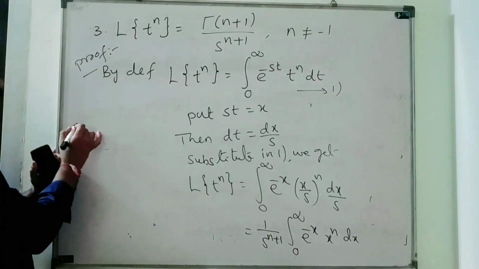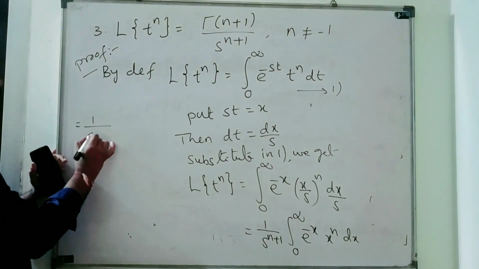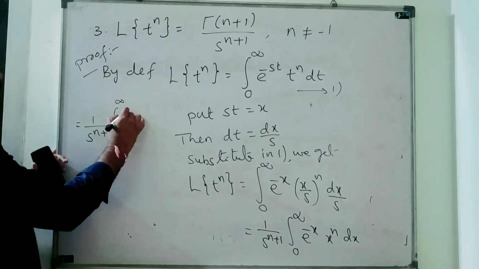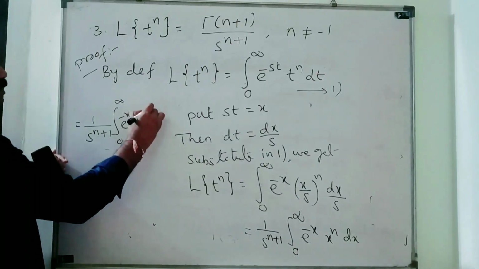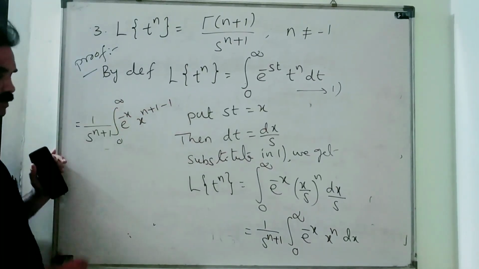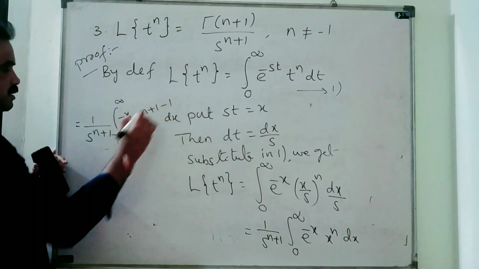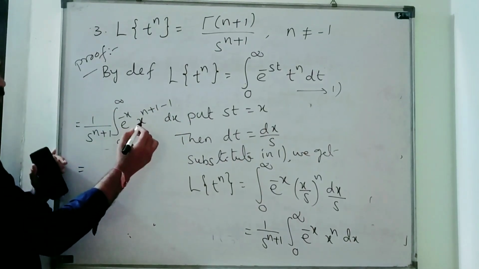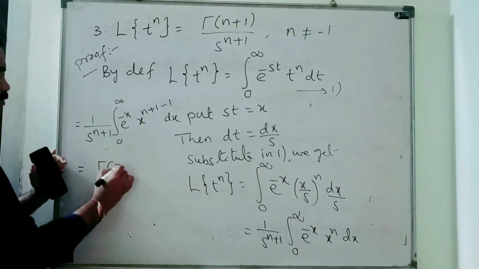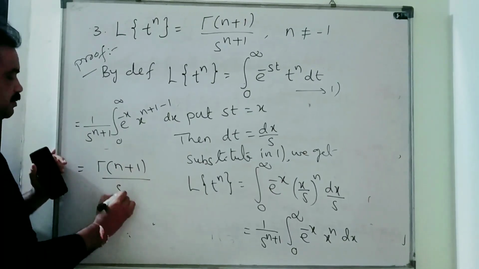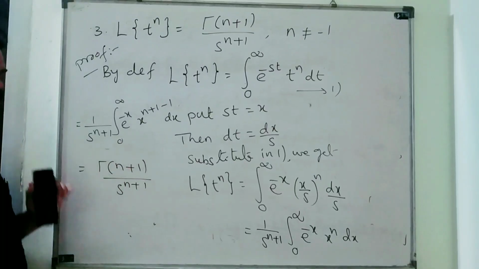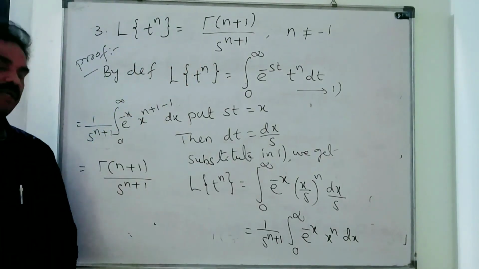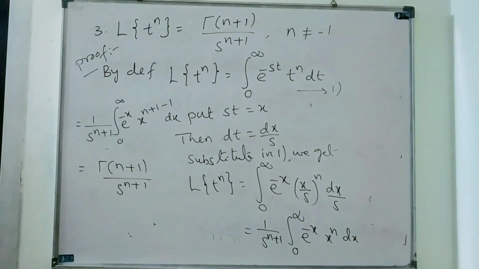That is equal to 1 by s power n plus 1 integral 0 to infinity e power minus x, x power n plus 1 minus 1 dx. Now by the definition of gamma function, this is gamma n plus 1. So gamma n plus 1 by s power n plus 1. L of t power n is equal to gamma n plus 1 by s power n plus 1.